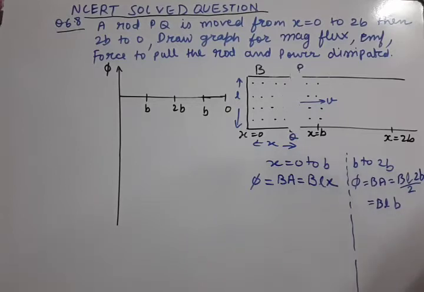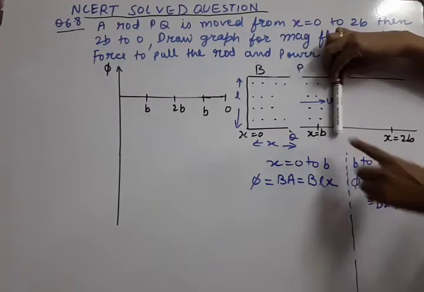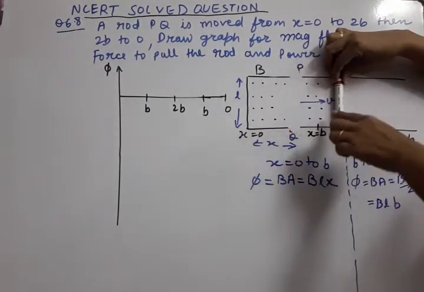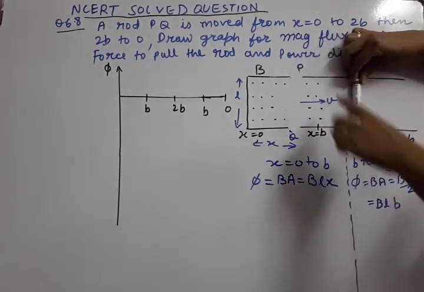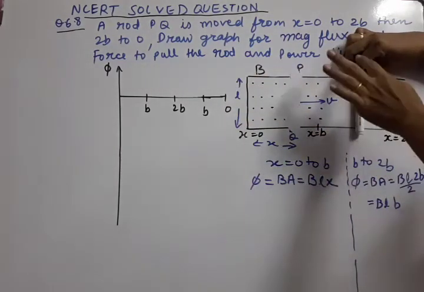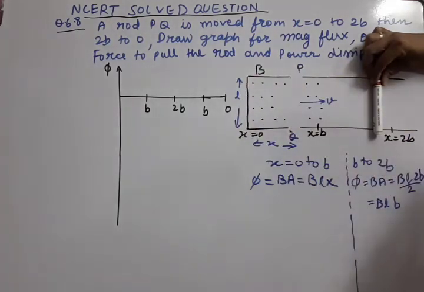Okay, so what has happened, I'll just repeat it. The rod has already reached here. We are now talking about b to 2b. Suppose 100 field lines were crossing. When the rod is shifted, then also 100 field lines are still crossing this area. When the rod is shifted here, then also 100 field lines are crossing.